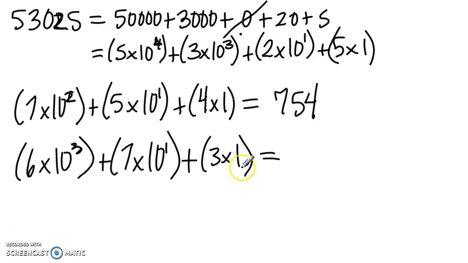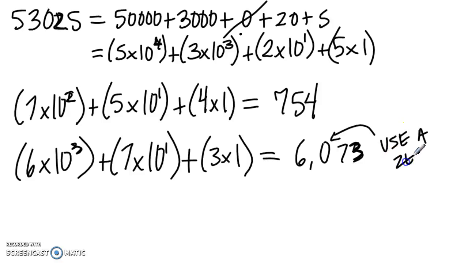Okay? So 6 for the thousands place. Put a 0 for the hundreds. 7 for the tens. And 3 for the ones place. Okay? Let's just add a note so when you look back on your notes, you know exactly what we did. Use a 0 for missing place values.